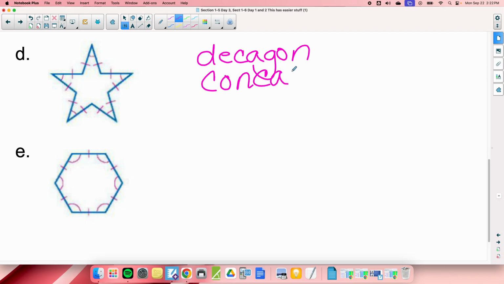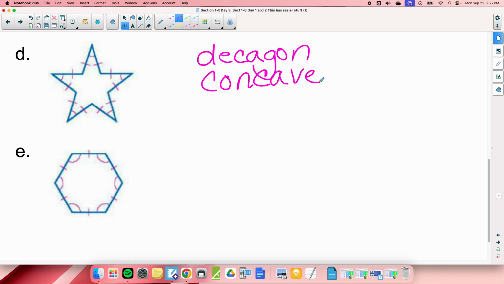And this is where most kids would get this one wrong. So listen to this. Do you guys think this one is regular or irregular? Regular. Yes, I would say 100% of kids, when you first look at this, are going to say regular. It's not. It's a trick question, because don't you have 10 sides marked equal? But how many angles are marked equal? 5.